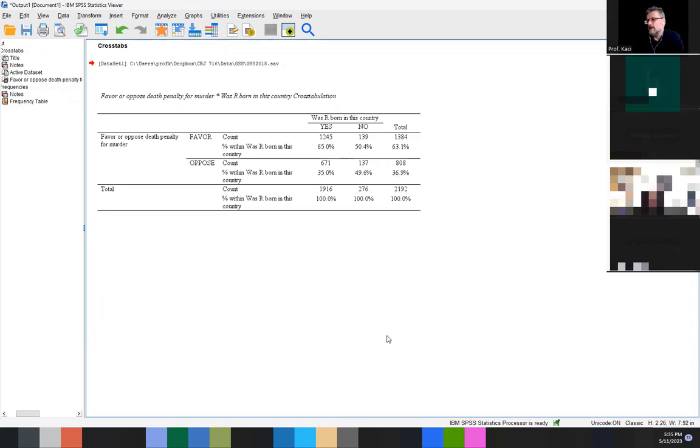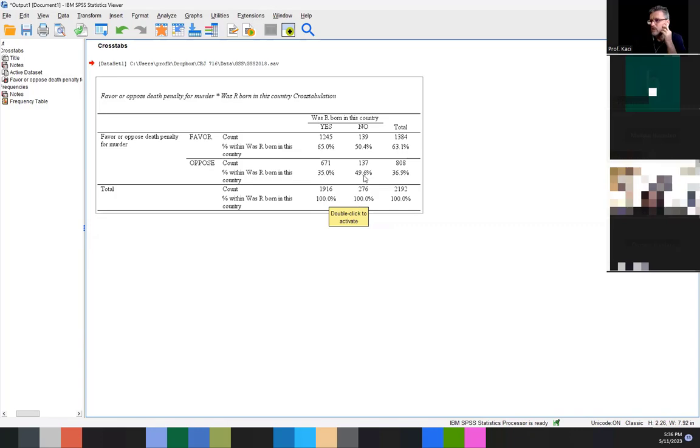So what is going on here? Well, I requested column percentages. So when you request column percentages, these percentages will be 100%. So among those who were born in this country, 65% favor and 35% oppose death penalty.